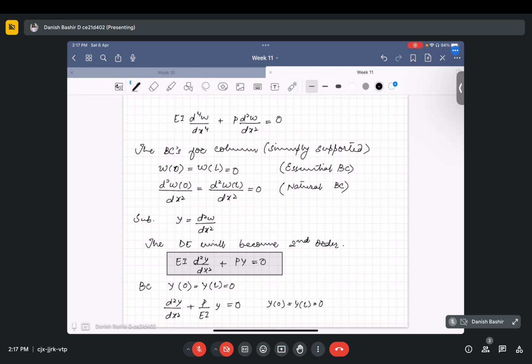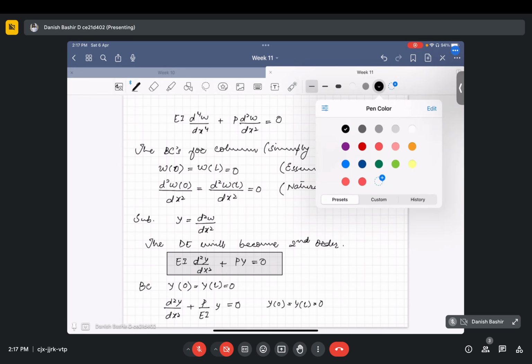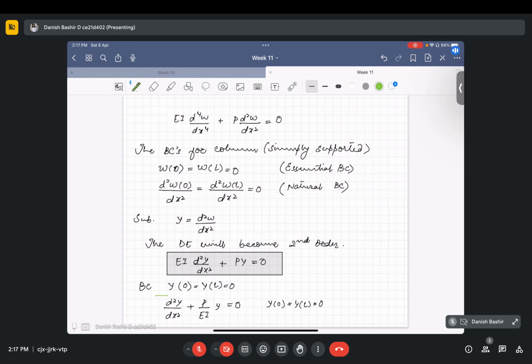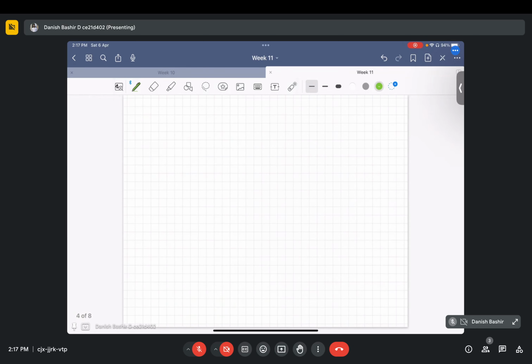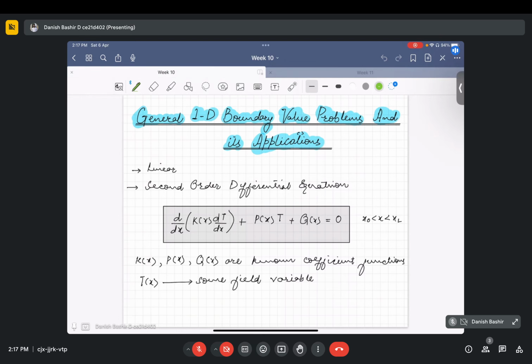So if we do one thing, we will compare this equation with our general 1D boundary value problem. We will get the following quantities. Again, I will take this general 1D boundary value problem for your correspondence like this.